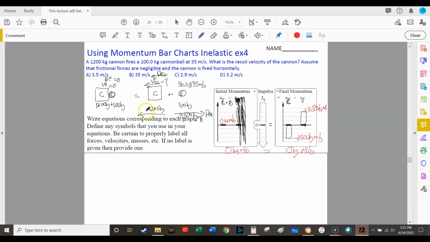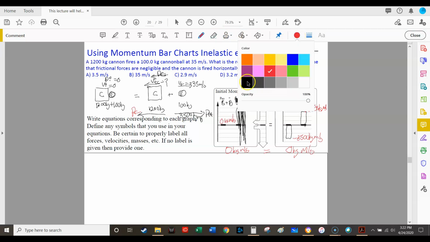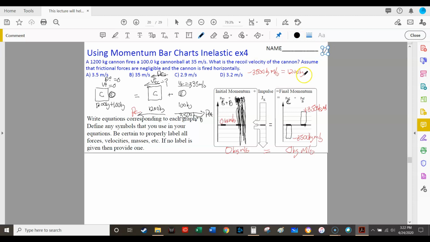And what that means is that this final momentum here, which is P final, is going to be negative 3,500 kilogram meters per second, and that's equal to its mass, which is 1,200 kilograms, times its final velocity, right?